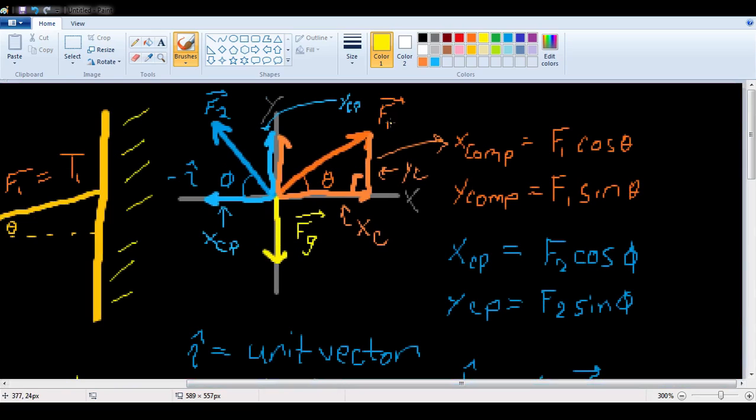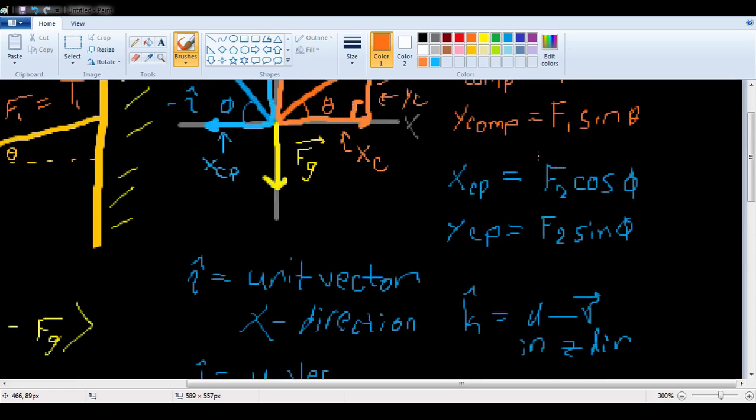So if we were to write F1 in component form, we would have the F1 vector equal to F1 cosine theta, F1 sine theta, and those would be our components in vector form.